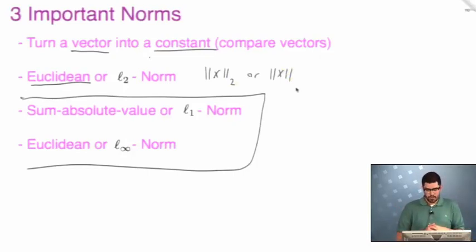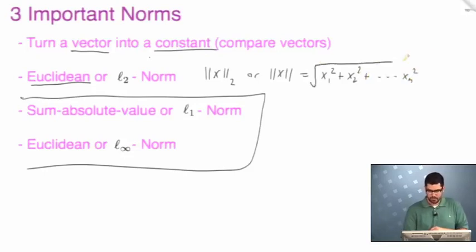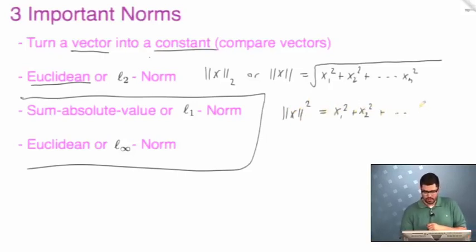So let me define it: it is equal to the square root of x1 squared plus x2 squared plus ... xn squared. As you can see, it took a vector, added the square of each element, and took the square root. That is a scalar, so it took a vector into a scalar. In many cases you'll see a squared on top of it just to get rid of the square root, but it's still the same thing. It sometimes simplifies the math a little bit.